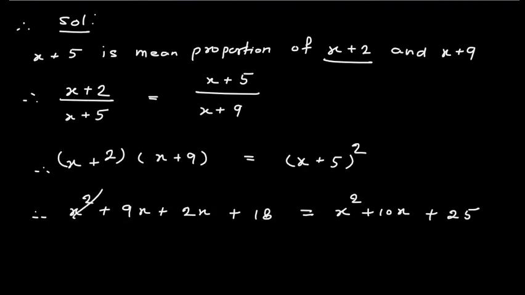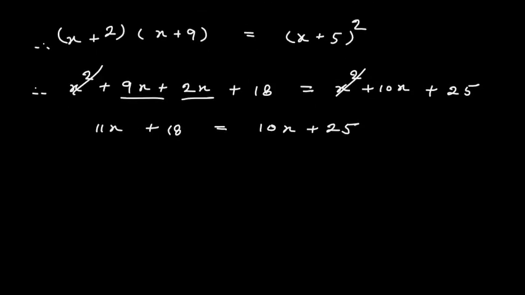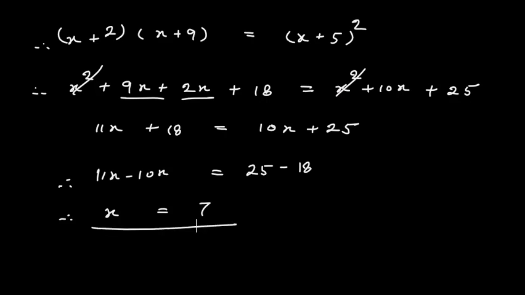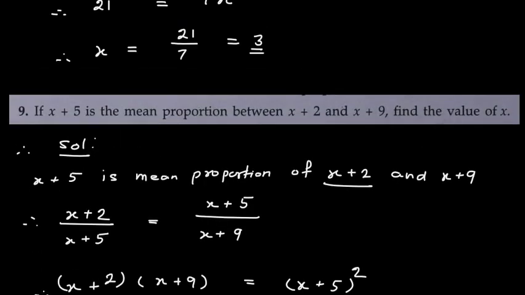Okay, this x square will cancel. 9x plus 2x is 11x. 11x plus 18 is equals to 10x plus 25. Okay, so therefore we have 11x minus 10x is equals to 25 minus 18. So therefore here x is equals to 25 minus 18, 7. So x is equals to 7. Right? So 9th question.